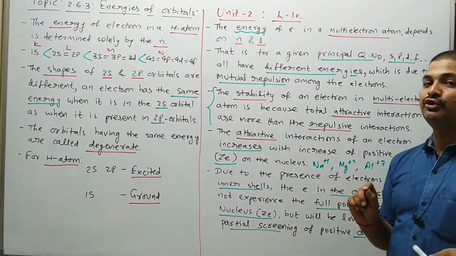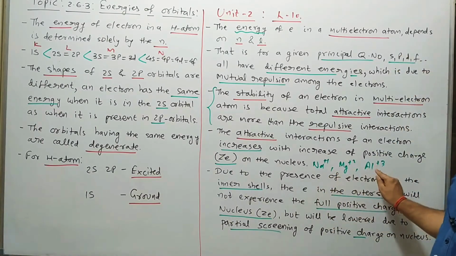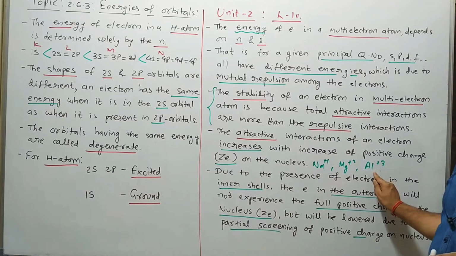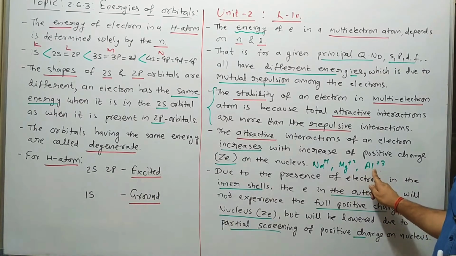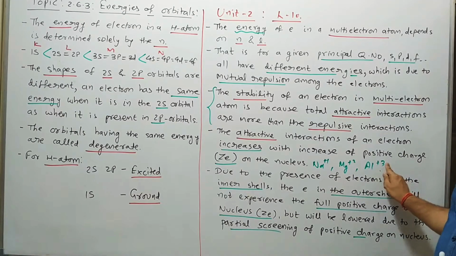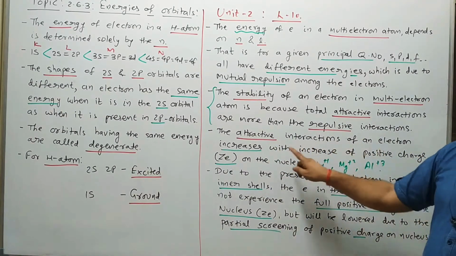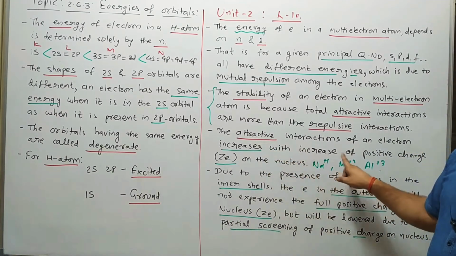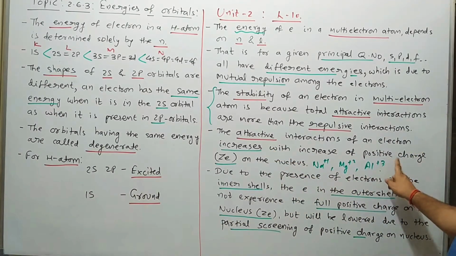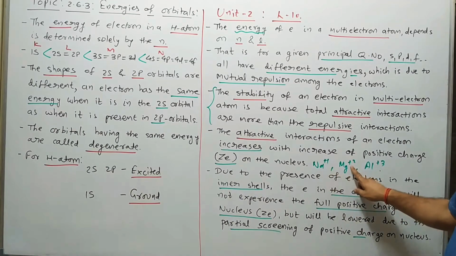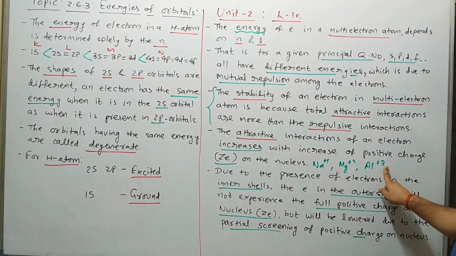But with respect to nuclear attraction, the attractive force in case of aluminium will be more. Why? Because charge is plus 3. वही यहाँ पे लिखा है. The attractive interaction of an electron increases with increase of positive charge. इधर देखो plus 1 है, इधर plus 2 है, इधर plus 3 is there.